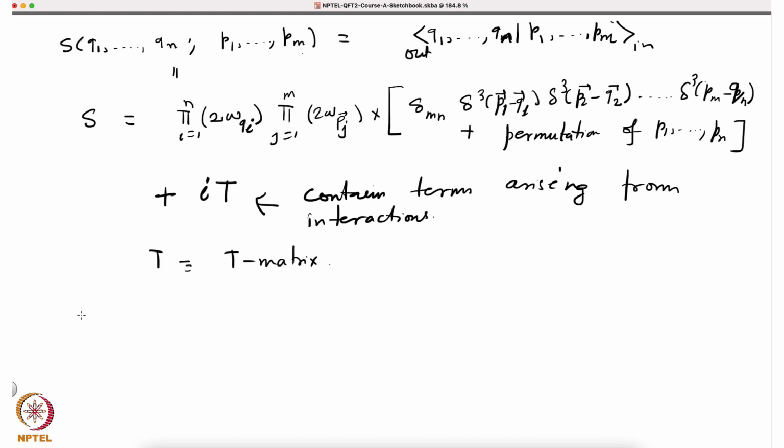And let me write down the general structure of T. So, T of Q's and P's will have the following form.